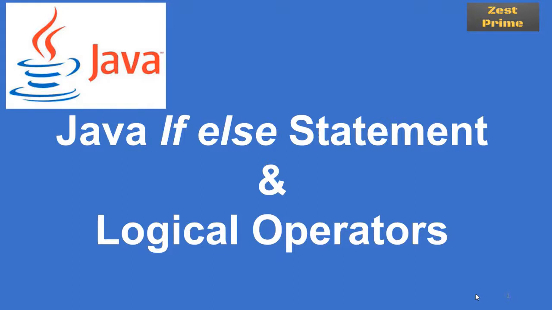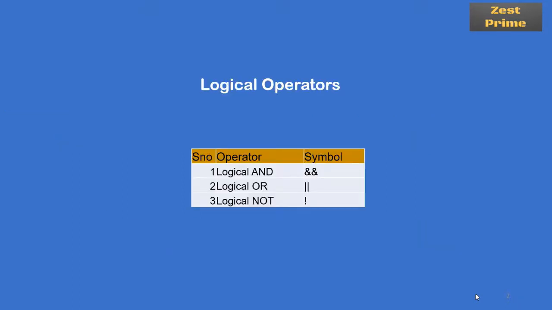Before going to the program, let me show you the different types of logical operators and their corresponding symbols. These are the three logical operators we are going to use in our demonstration: logical AND, logical OR, and logical NOT. We are going to use these for understanding the if else statement.